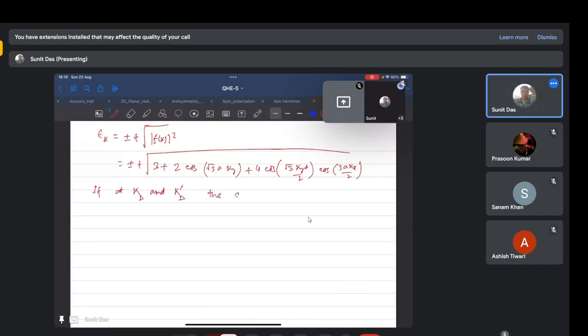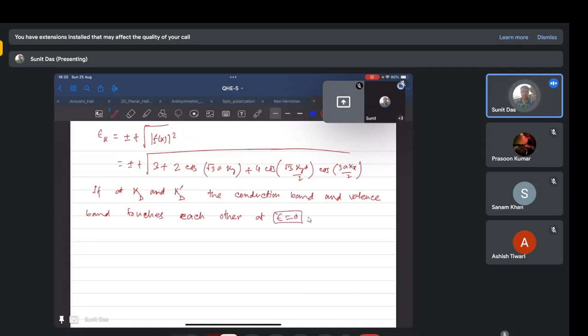The conduction band and the valence band touch each other at epsilon equal to 0.